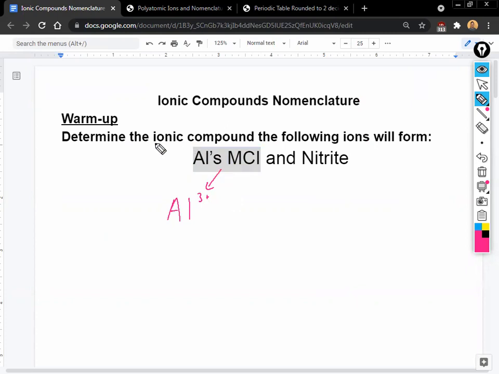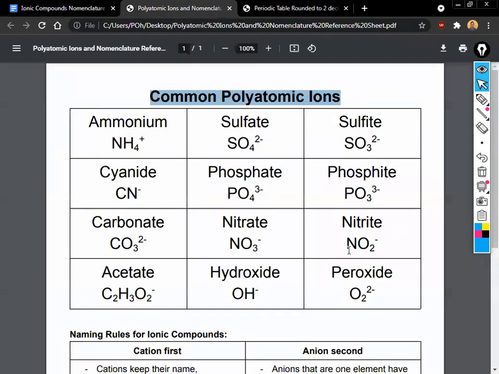Now we're trying to figure out what ionic compound aluminum MCI and nitrite will make. Nitrite is not on the periodic table, it's on the polyatomic chart. Make sure you don't confuse nitrite with nitrate.